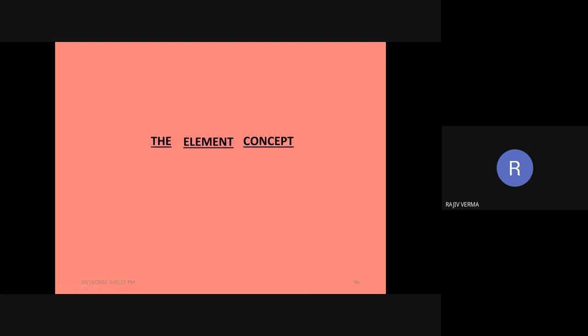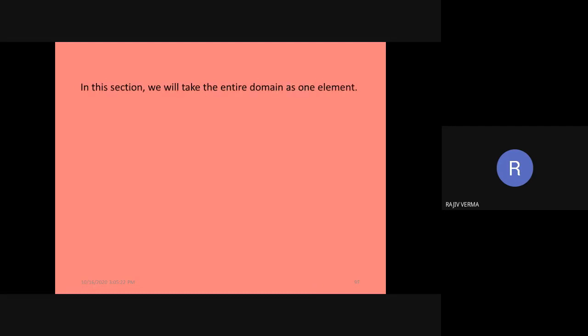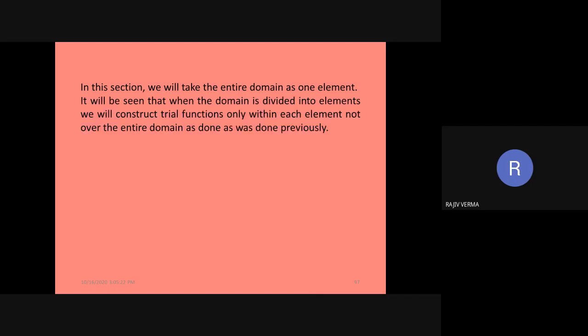So coming to the actual presentation now. In this session, we will take the entire domain as one element. It will be seen that when the domain is divided into elements, we will construct the trial function only within each element and not over the entire domain as was done previously.